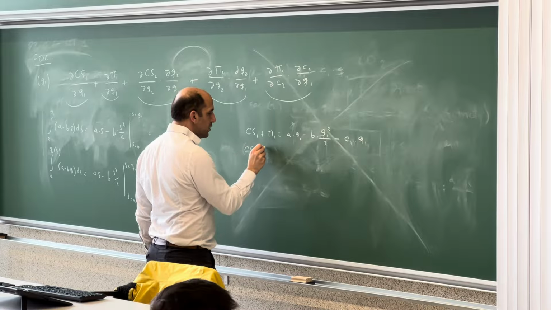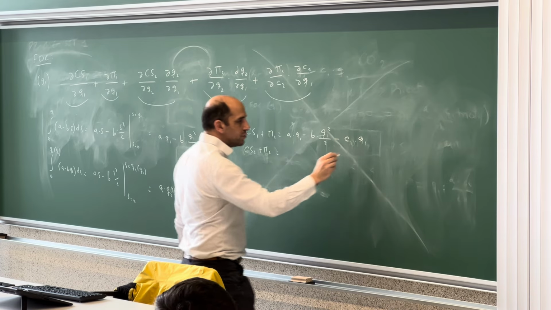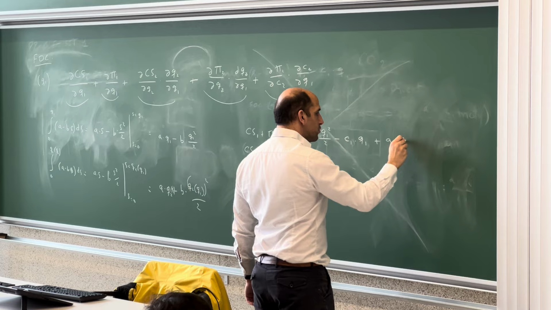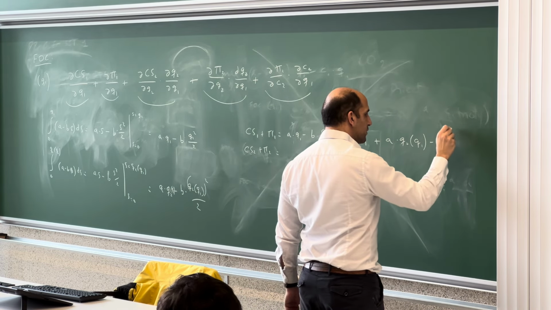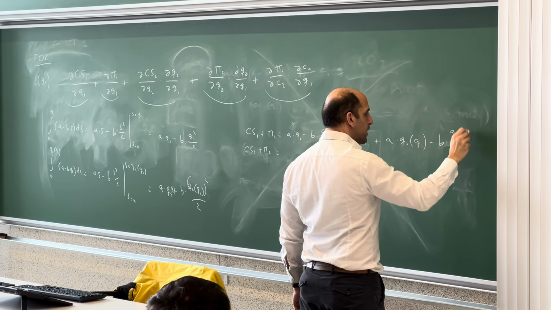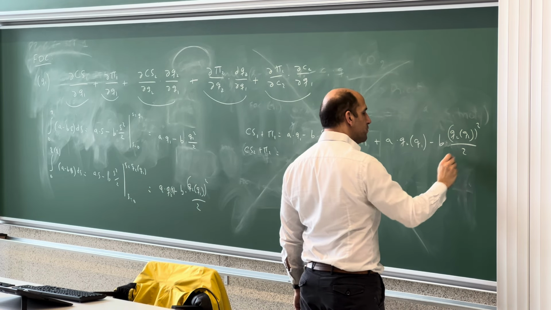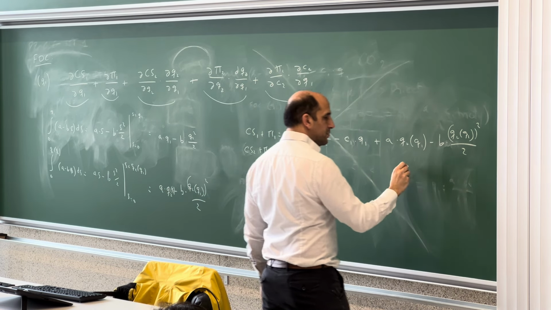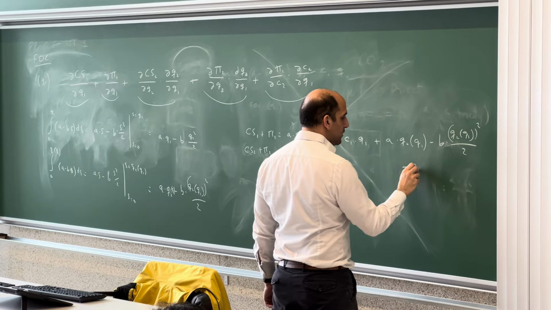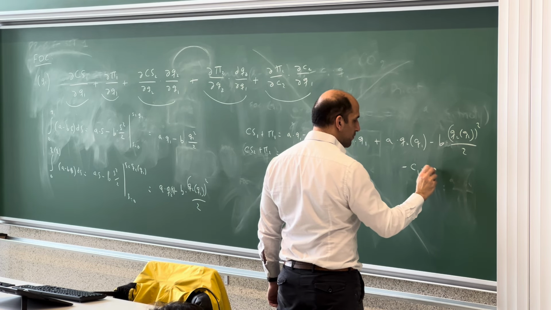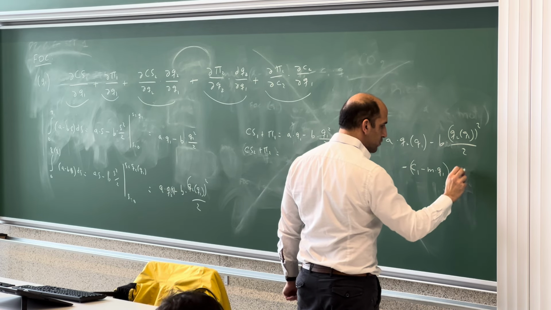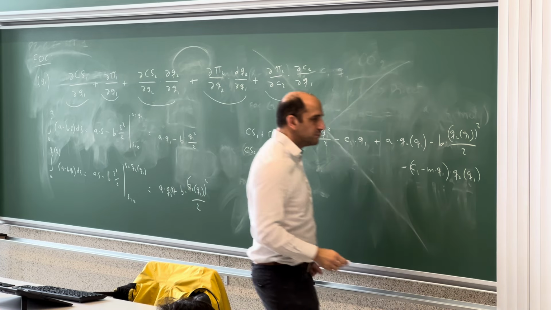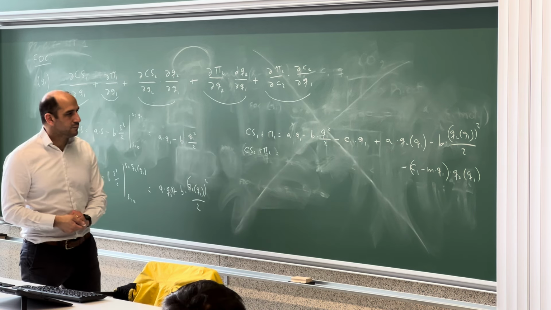Consumer surplus 2 plus profit 2 is going to be equal to this plus A times Q2(Q1) minus B times Q2(Q1) squared over 2 minus (C1 minus M) times Q1 times Q2(Q1).